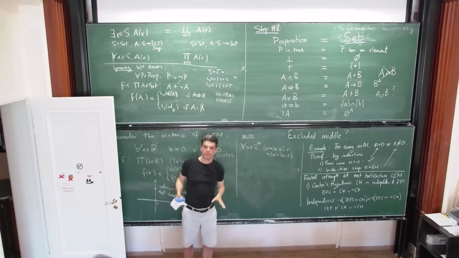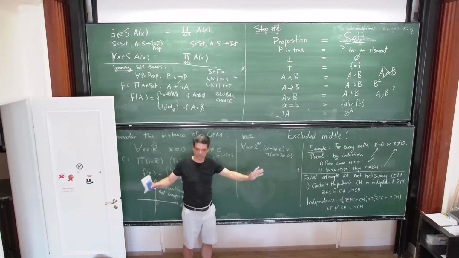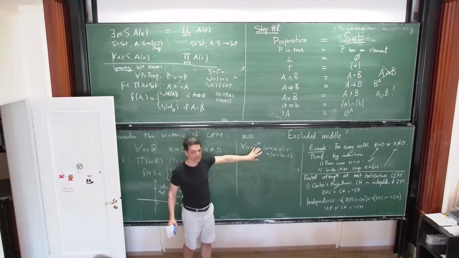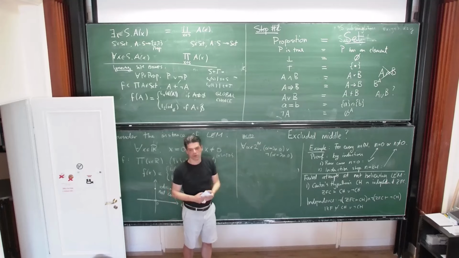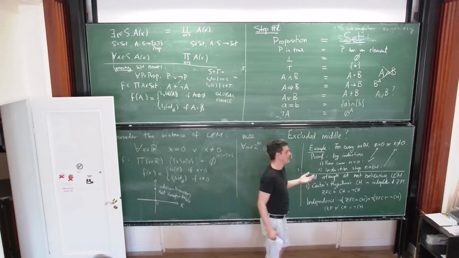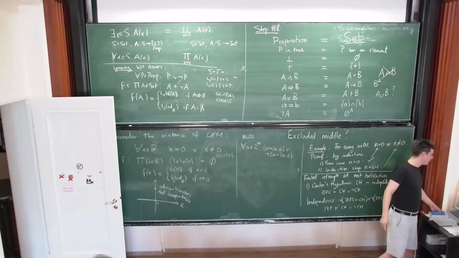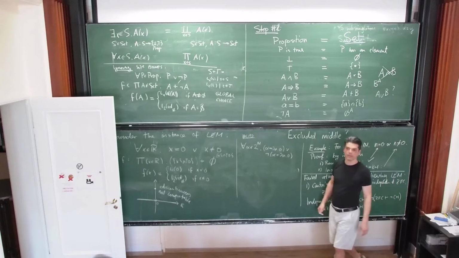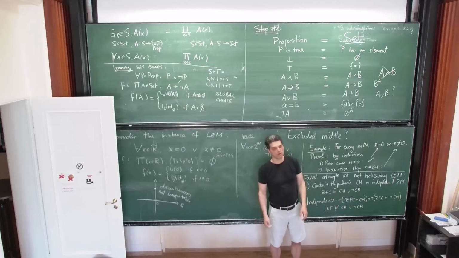But computability theory has the answer, and all reasonable models of computation have the same answer. No, you cannot do this, because otherwise you could solve the halting problem. So that's another reason why excluded middle fails: you commit to doing everything in a computable way, but sometimes excluded middle wants you to make a non-computable decision, and that's why it can fail.